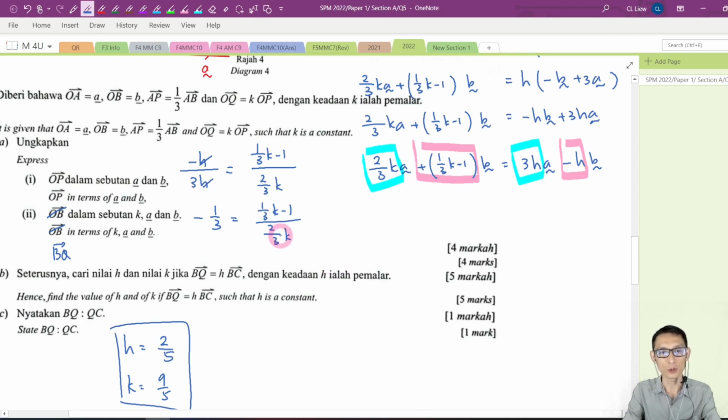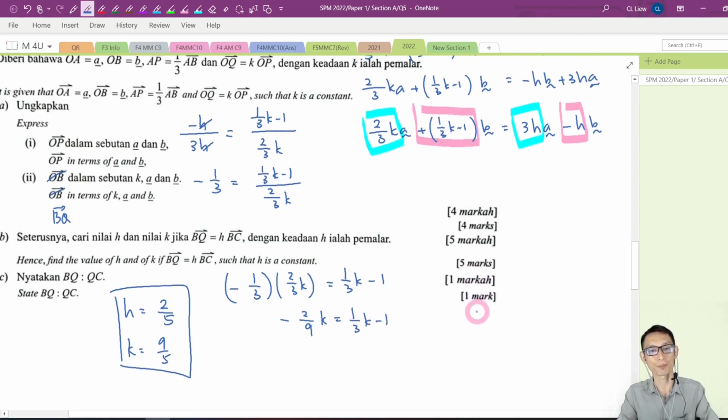Next step, I'm going to bring this whole thing over here. Negative 1 over 3 times 2 over 3K is equal to 1 over 3K minus 1. So here I will get negative 2 over 9K is equal to 1 over 3K minus 1.